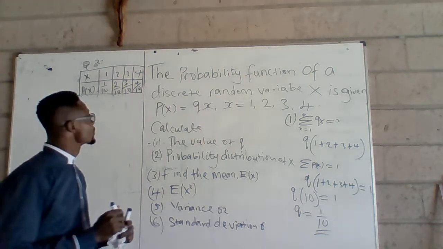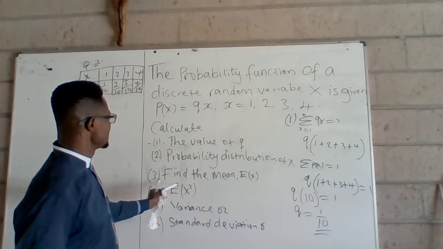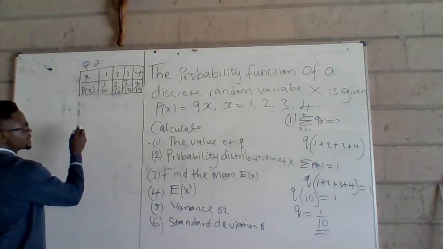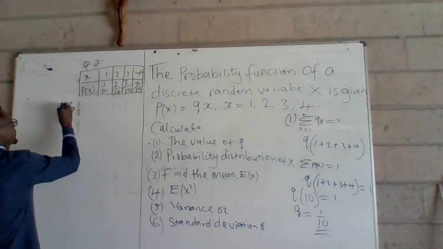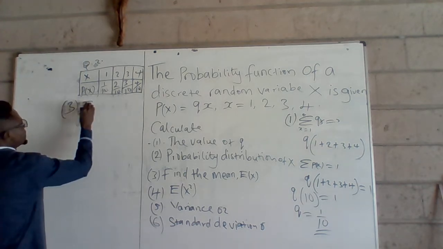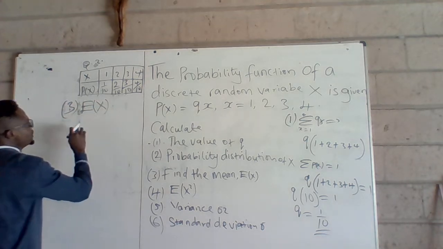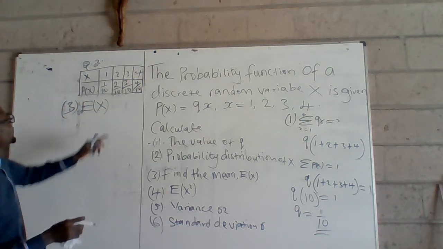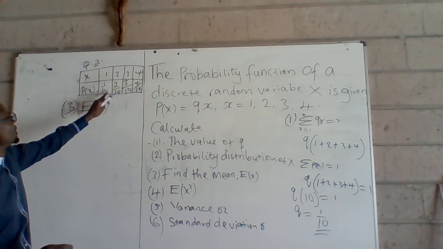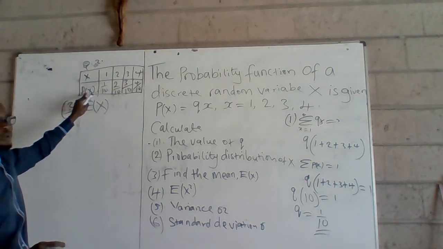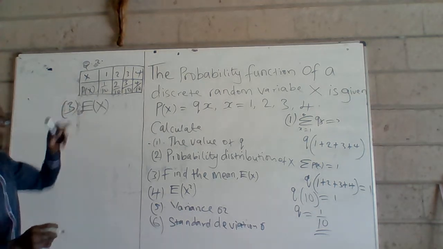Number 3, we are to find the expected mean. We know that the expected value is found by multiplying x with the probability of x and adding them together.